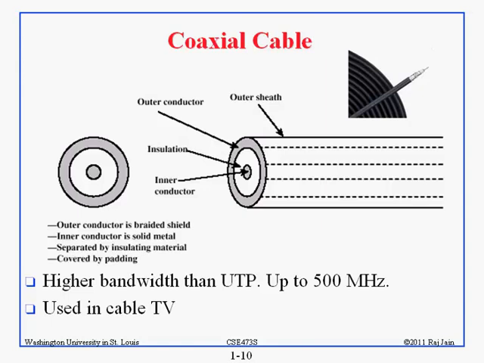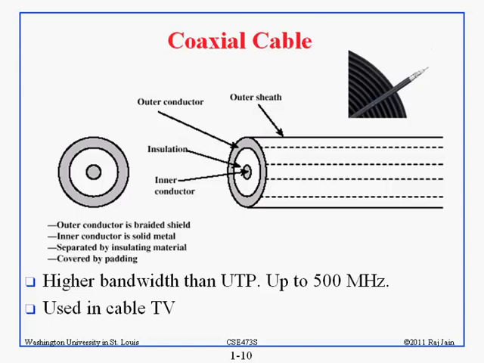So this one is very well protected in the sense that it doesn't radiate like the Ethernet cable, and it has very high frequency capability, so you can send a lot of data. That's why we use it for video.